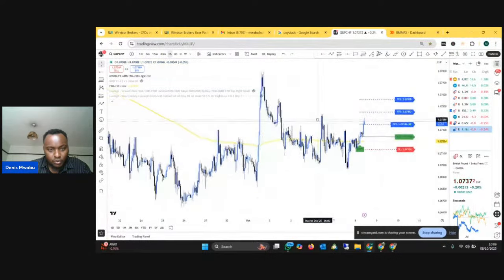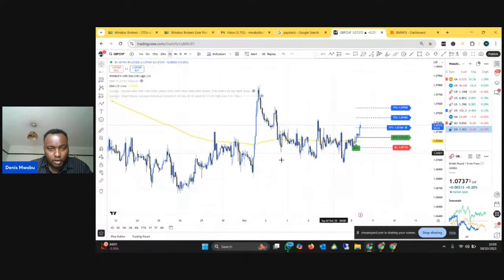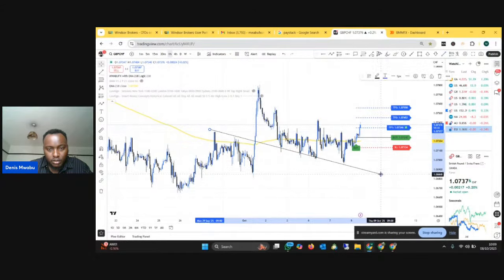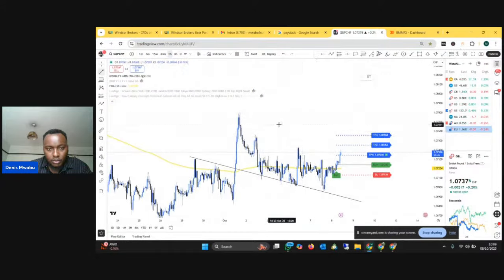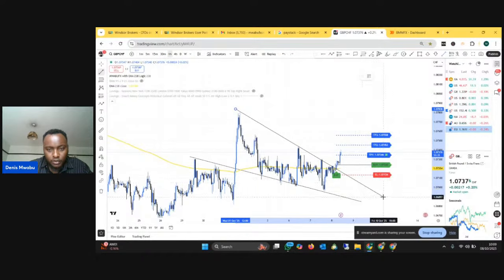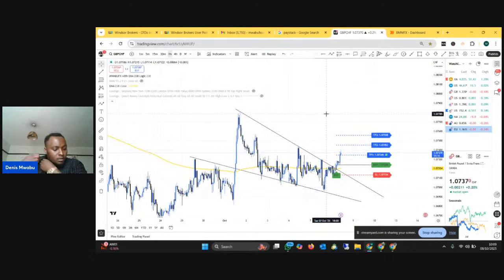Let me show you. You can see we had a bullish impulse. After the bullish impulse, take a look at this, we are having a breakout of this particular area there. Having this breakout coming in, what will we be looking for here?